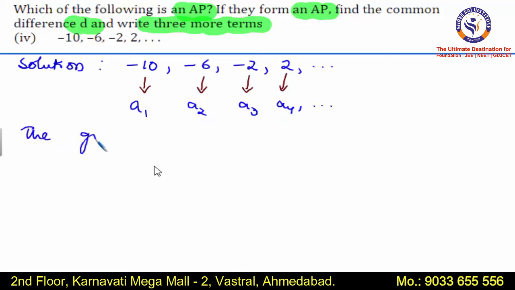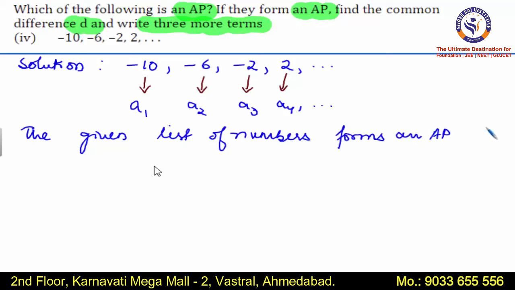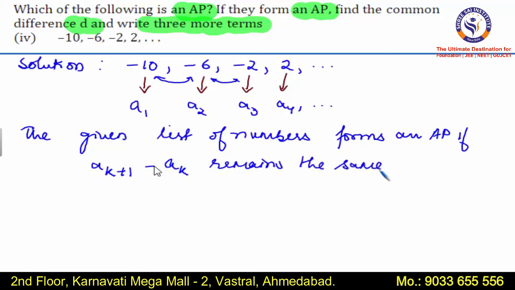The given list of numbers forms an AP if the difference between any 2 consecutive terms remains the same. That is, AK plus 1 minus AK remains the same for any 2 consecutive terms.